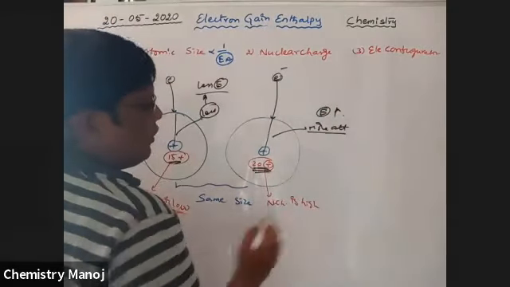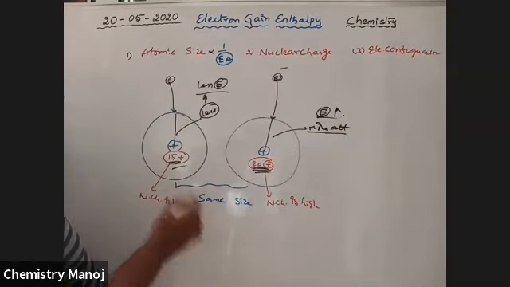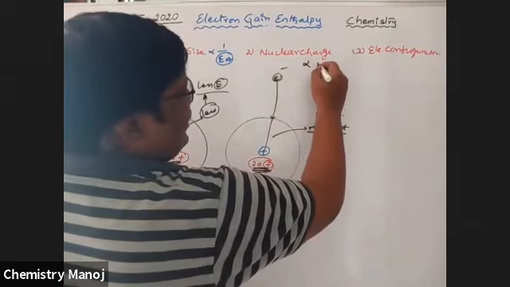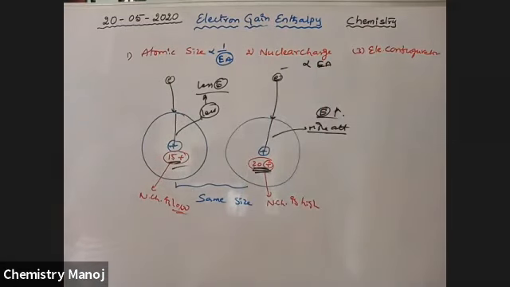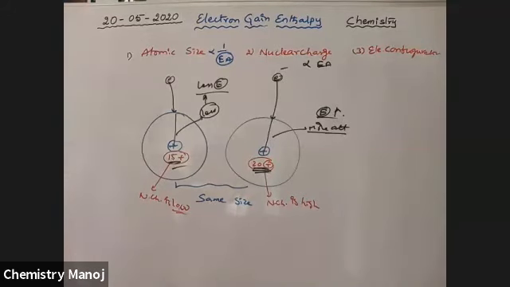Therefore, nuclear charge is directly proportional to electron affinity or electron gain enthalpy. Where effective nuclear charge is more, electron gain enthalpy is automatically more, because the positive nuclear charge attracts the negatively charged electron easily.